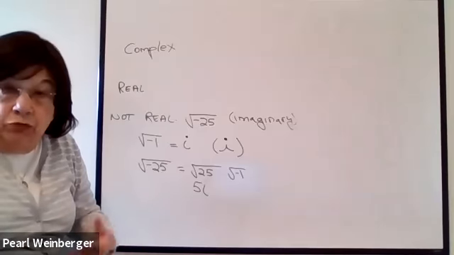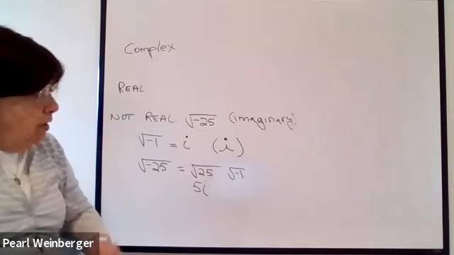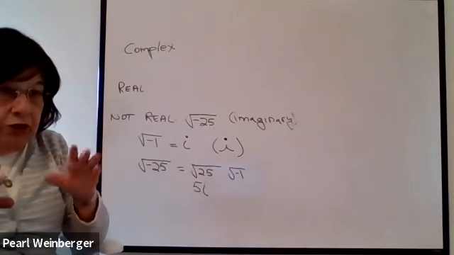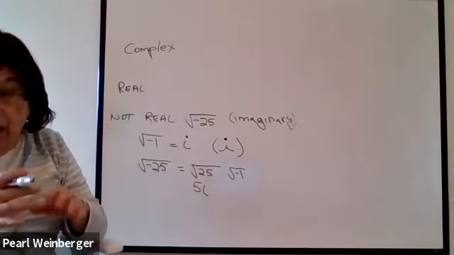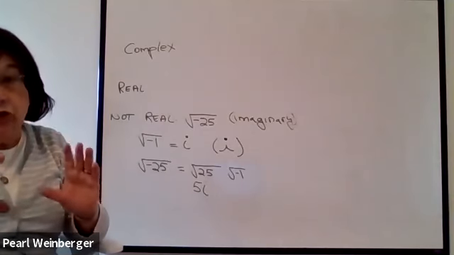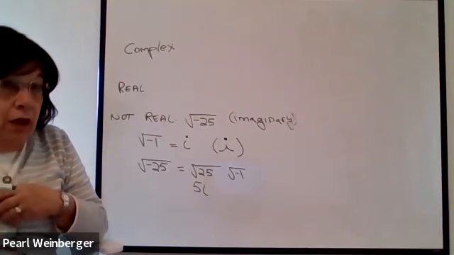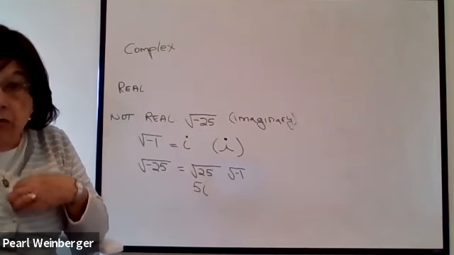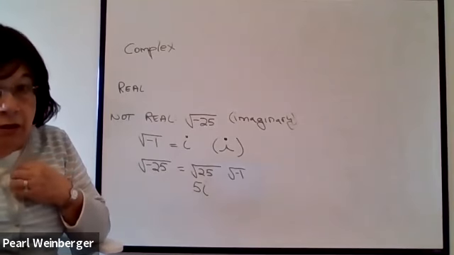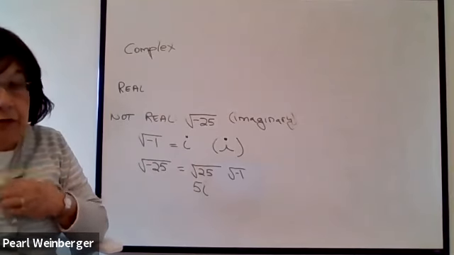Well, something that's not real, we can call imaginary. That's where the name came from. It doesn't mean it's a figment of imagination. These are actual numbers that are used in certain very special circumstances. On a normal basis, we don't use those numbers, but they are numbers that can be used.